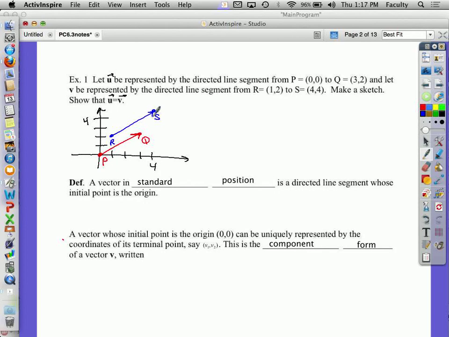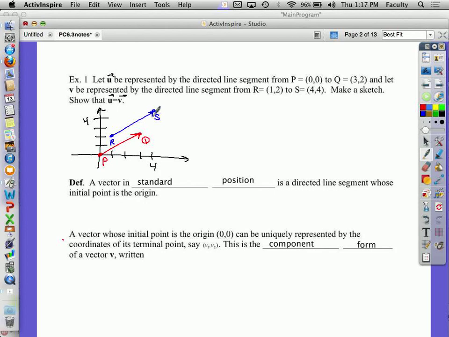It says show that vector U is equal to vector V. Well, let's pause here a moment. What is a vector? It's a directed line segment that has magnitude and direction.